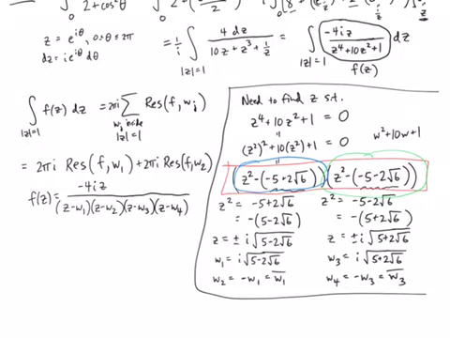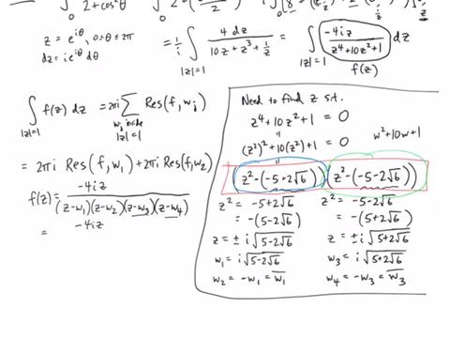We found all the roots, so we've effectively factored it into linear factors. Since we only care about w1 and w2, it'll be cleaner if we combine these two factors with w3 and w4.